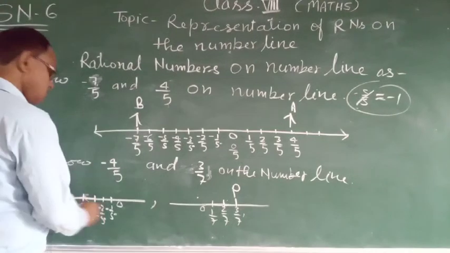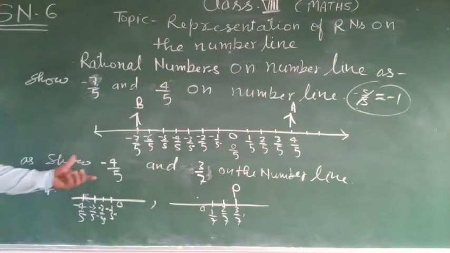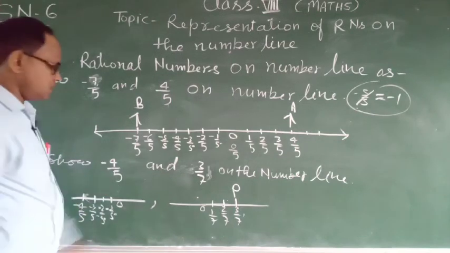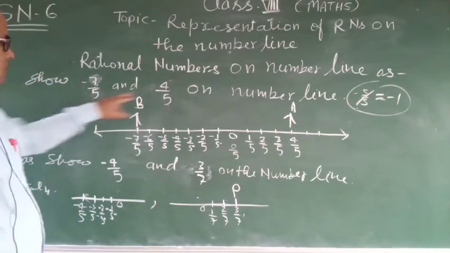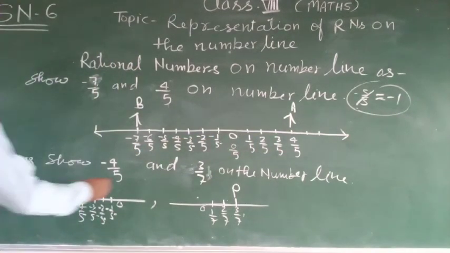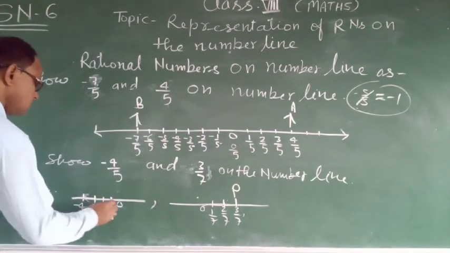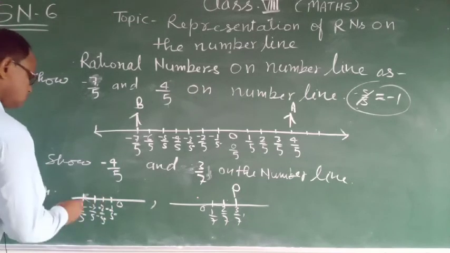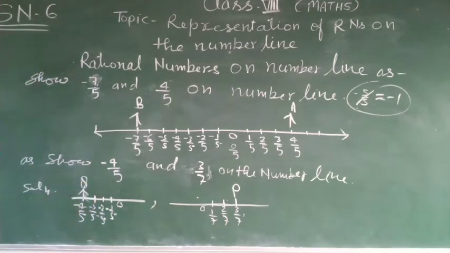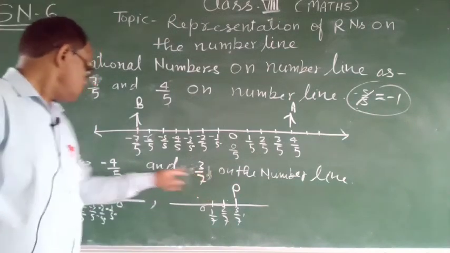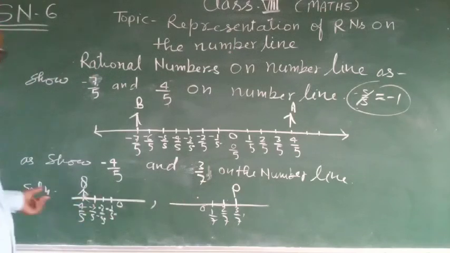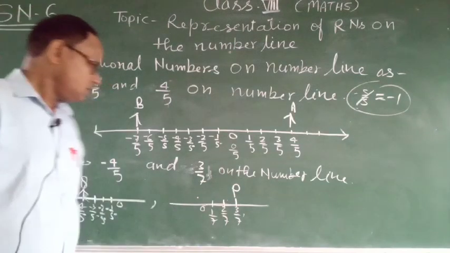Thus we show separate lines for both when the denominators are different. If the denominators are the same, then we can write on one line. Thus minus 4 by 5 and 3 by 7 go on different lines.